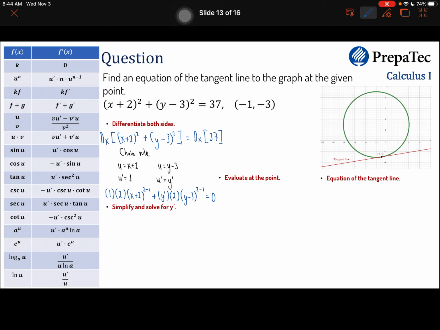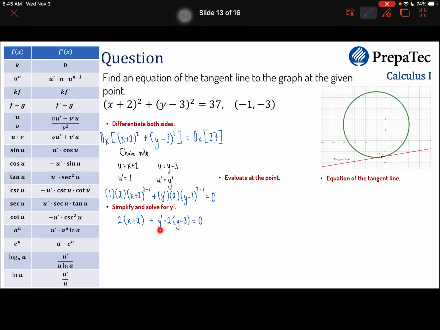Now I'm going to simplify and solve for y prime. So for this one, it becomes 2 times x plus 2, and the power becomes 1, so I'm not writing that. Then y prime times 2, and then this one becomes y minus 3 to the power of 1, equals 0.